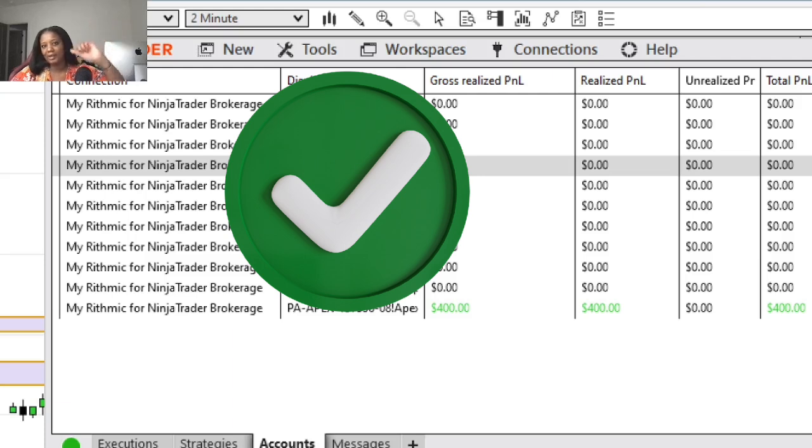Then if it stops me out, it will stop me out in profit instead of just going completely negative. So that's how I also set my stops, and then how I trail it. I will manually trail it once it hits 15 points.